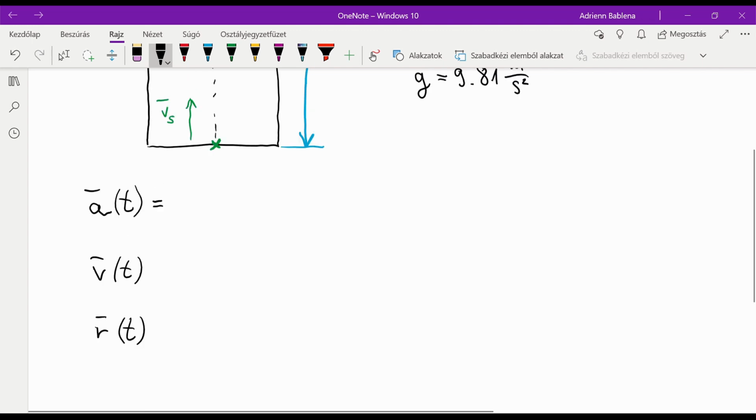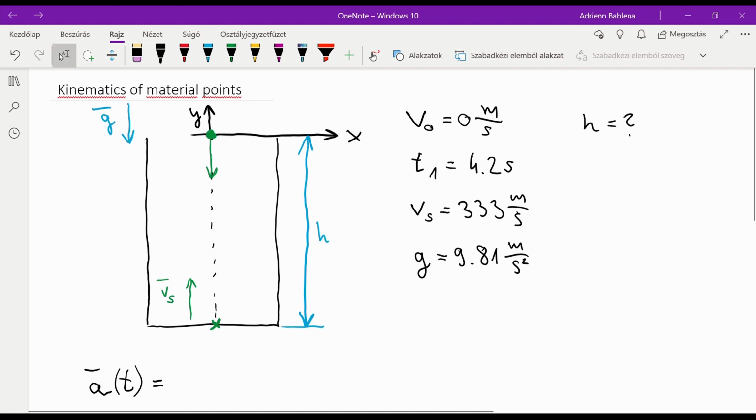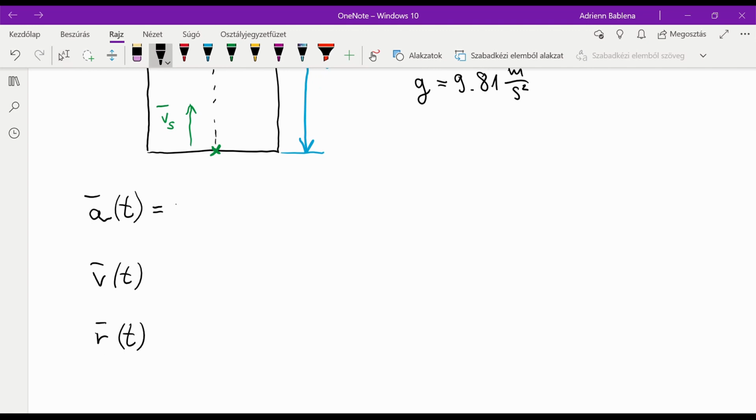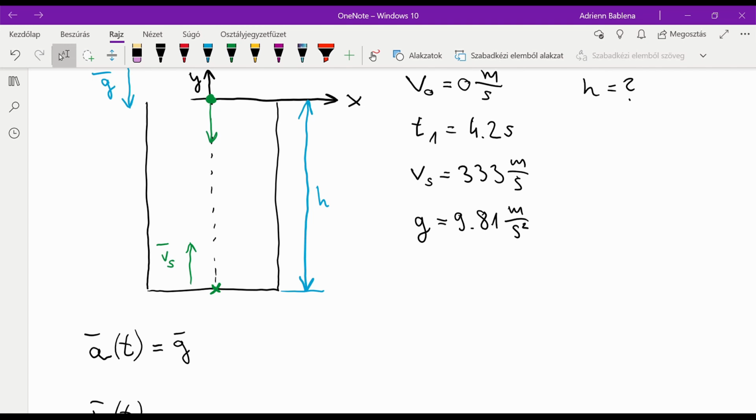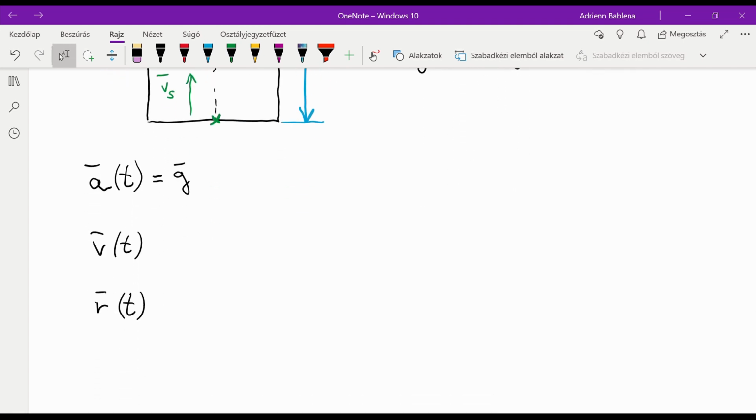So in our case, our acceleration can be g, but only in that case when the stone falls down. When the sound comes back, there will be no acceleration, but let's take the first part of this exercise. Stone falls down. Then we have a g vector.